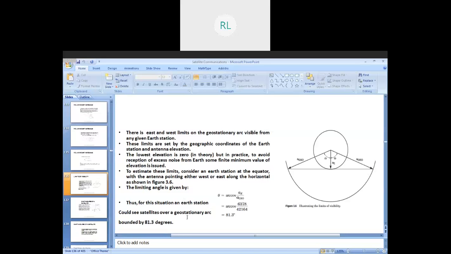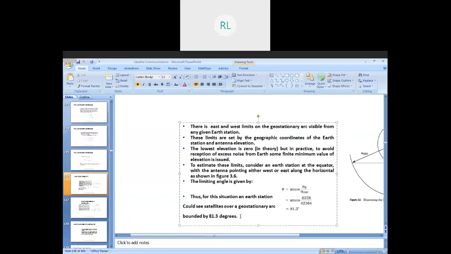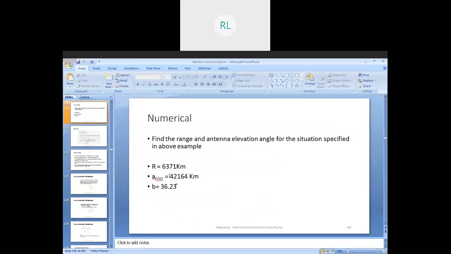To estimate these limits, consider an Earth station at the equator. We will take an example with the antenna pointing either west or east along the horizontal, as shown in the figure. We have the antenna pointing in this direction and the other direction also.